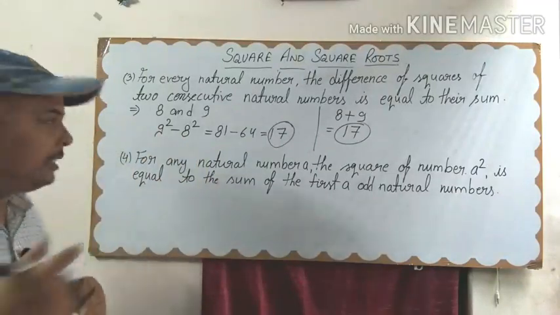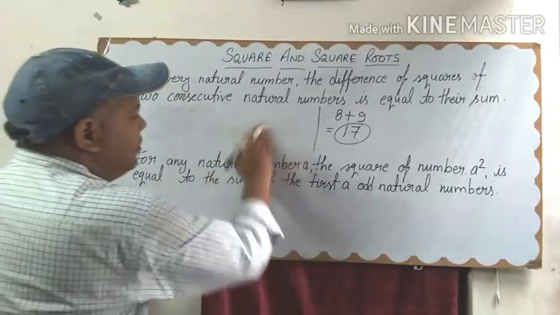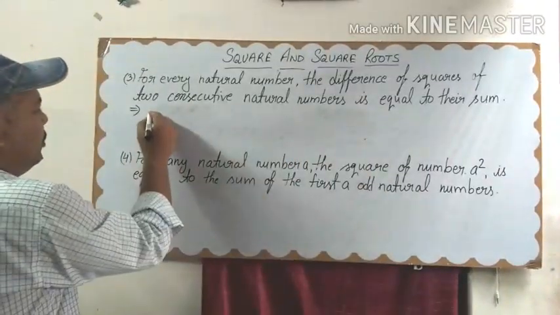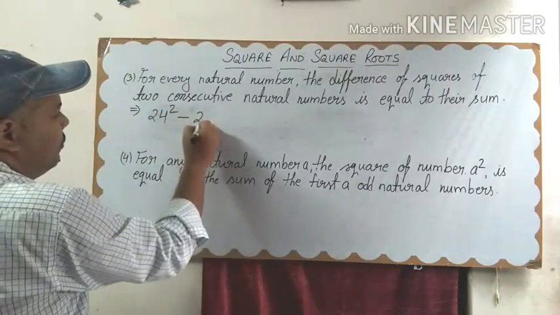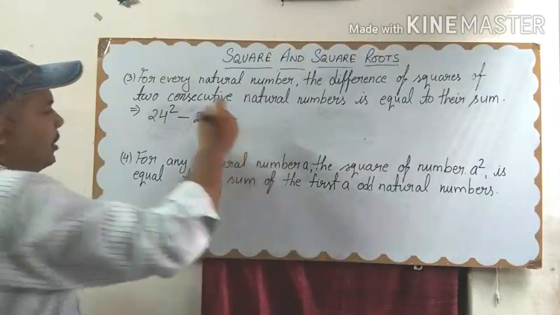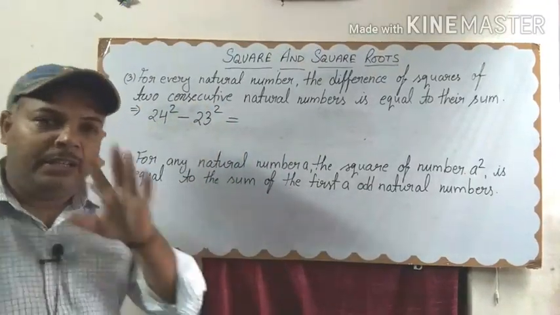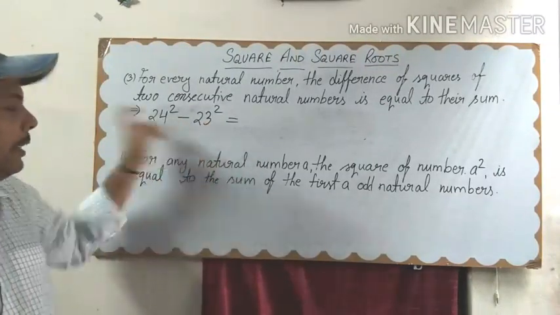Let's take another example. Suppose we will take any large number. Suppose we are going to find the difference of the square of 24 and the square of 23. We know that both numbers are consecutive natural numbers, 23 then 24.